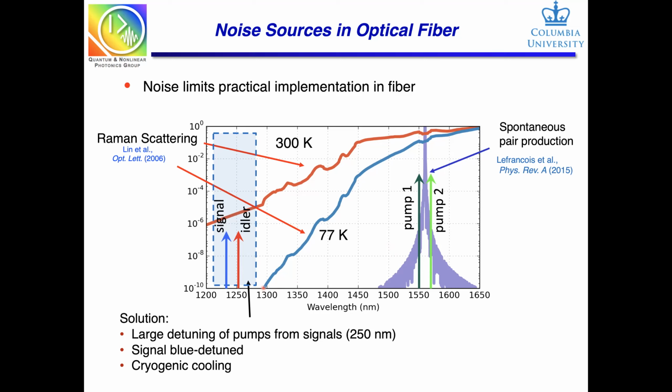The fiber is put in a dewar of liquid nitrogen, and if you look at the anti-Stokes Raman, it dies off pretty rapidly. By operating here, we've completely eliminated any effects of Raman. Much of the early work done with photons, Raman scattering was a real problem, and by cooling the fiber, we eliminate that.